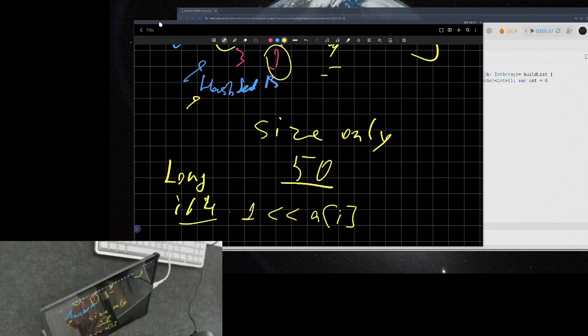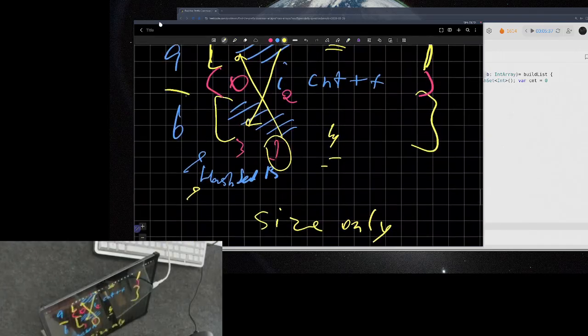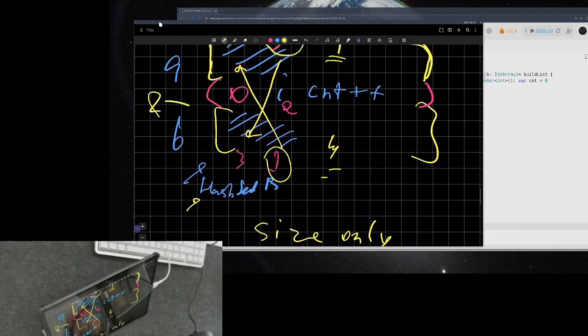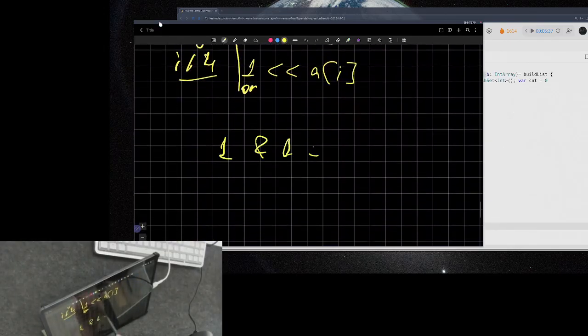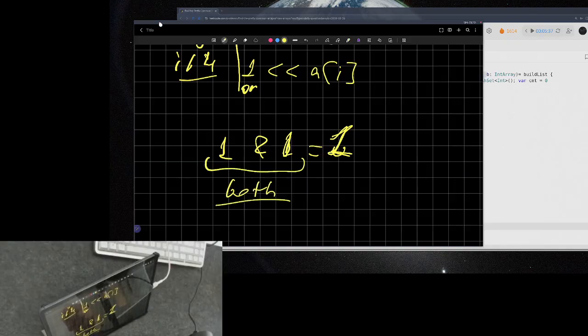So this would be a bitwise OR operation, and then you have to collapse them with a bitwise AND operation and count how many bits you have left, because 1 AND 1 equals 1 and all other combinations are 0, so that means if you have both values in A and B, you have a match.